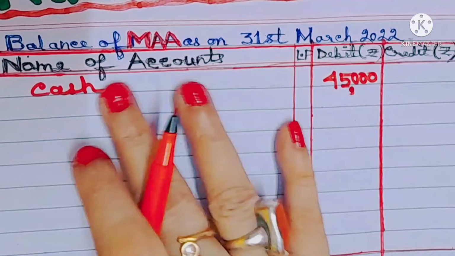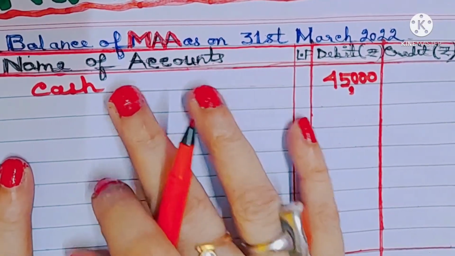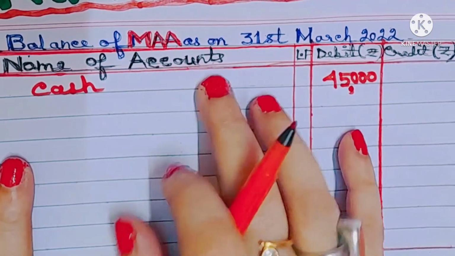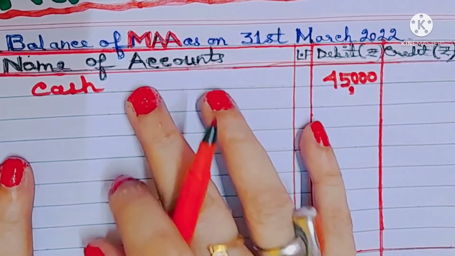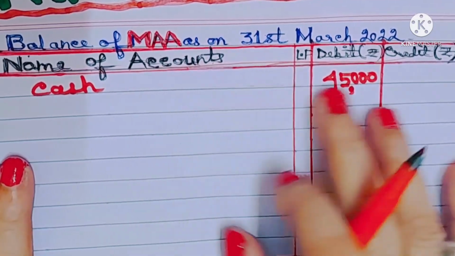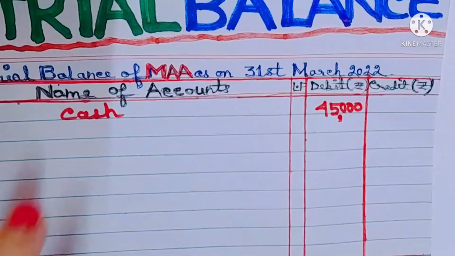Because cash has a debit balance. Why? Because cash comes under real account. According to real account, what comes in is debit. Here, from the business point of view, cash comes into the business. So, cash account will be debited. Okay? So, let's see the next account.